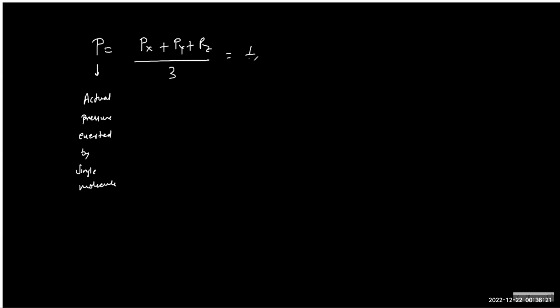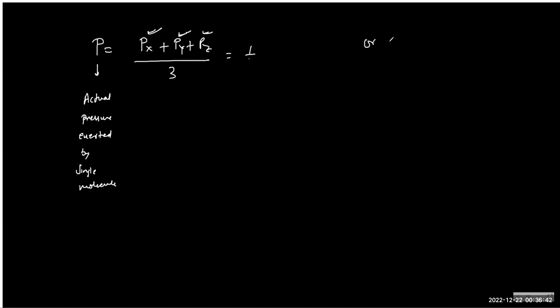Am I audible to you guys? So you can see that 1/3 has come from the theory of probability, because these events are not going to occur individually. Rather, we take the event as per the probability. So there is only 1/3 probability that this will occur, or this will occur, or this will occur.